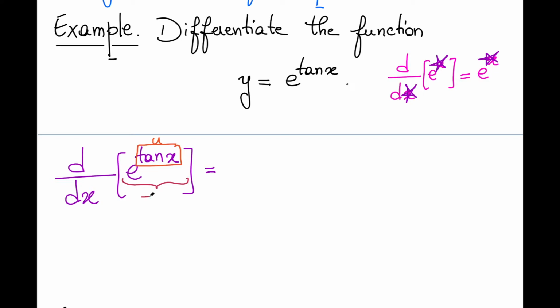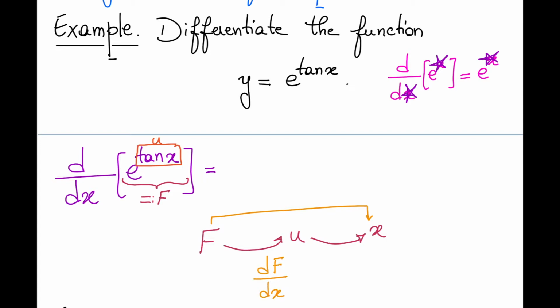So if you call this guy f, so what you have is that f is a function of u and u is a function of x, right? So you have this chain. And what you would like to do is differentiate f with respect to x.